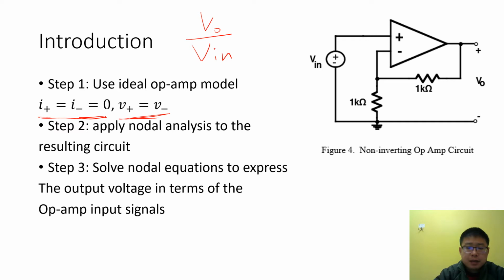Second, apply nodal analysis to the circuit. Finally, by solving the nodal equations, we can obtain the relationship between VO and Vin. I will give you some examples to demonstrate the analysis process.